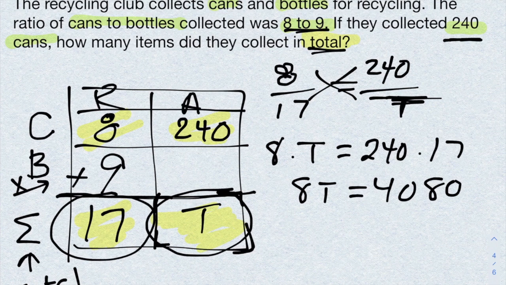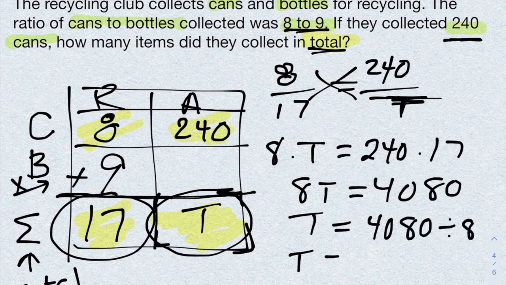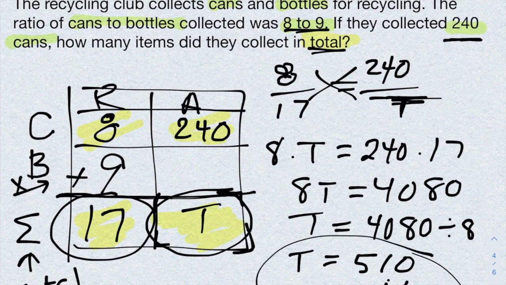And I'm going to divide both sides by 8 to get my t by itself. So now I end up with my total as 510, which I checked my book and that is correct. So this is 510. We could just say items. Okay, I don't even need to worry about my other line because they didn't ask me for it.